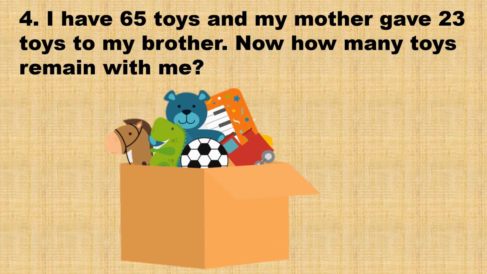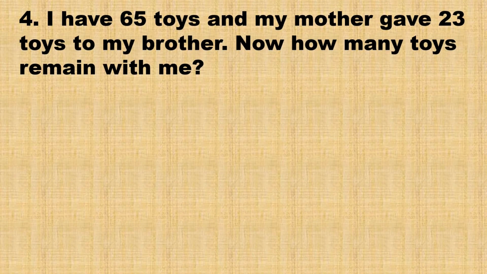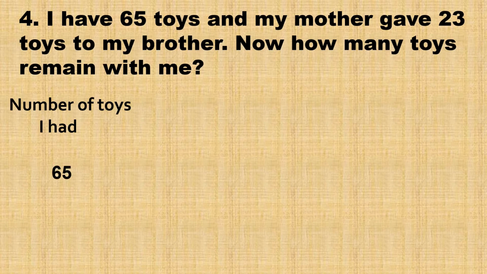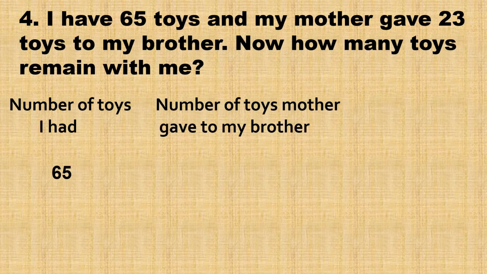I have 65 toys and my mother gave 23 toys to my brother. Now, how many toys remain with me? So, number of toys I had 65. Number of toys mother gave to my brother 23.